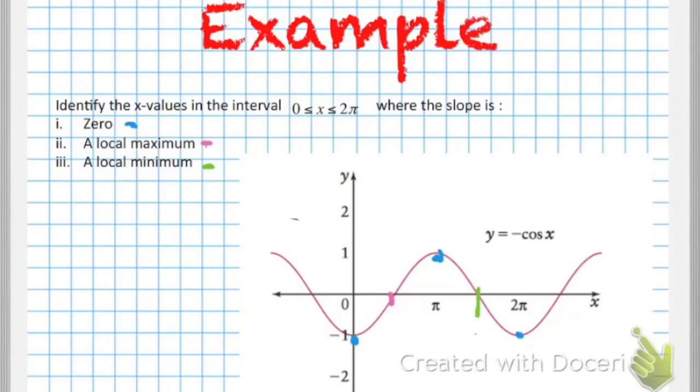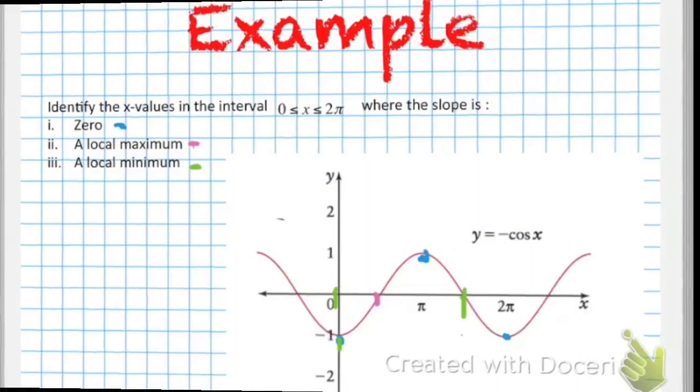But there's also 0, which is a local minimum too, because the slope decreases and then increases. So, local maximum occurs when x equals pi over 2, and a local minimum occurs when x equals 0 and x equals 3 pi over 2.